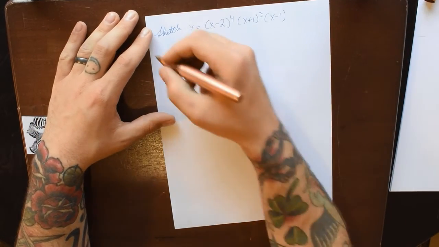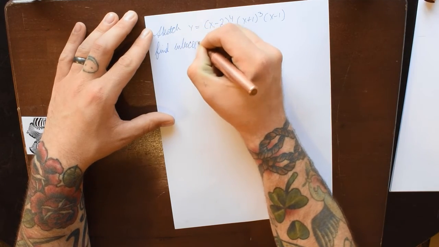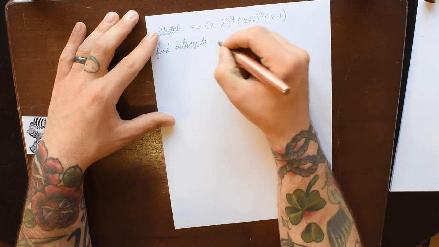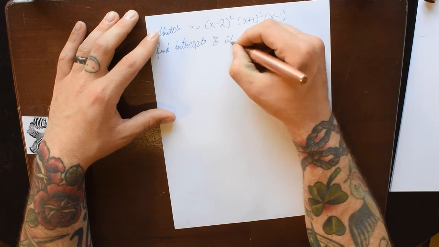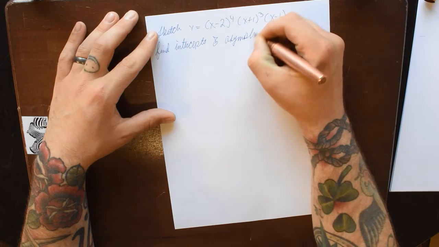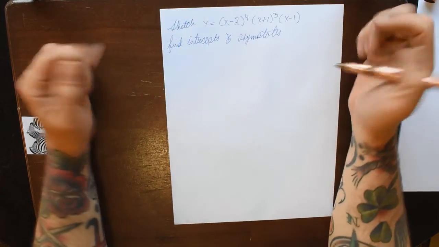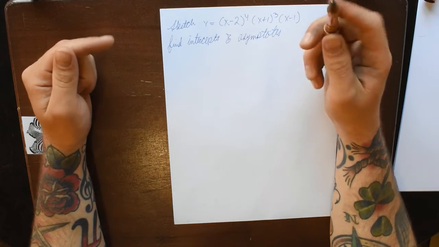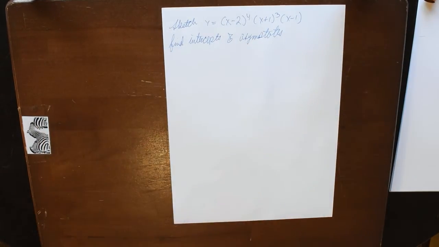Find its intercepts. Find intercepts and asymptotes. Intercepts, asymptotes, being sketchy. So, our intercepts. We'll start with our intercepts.